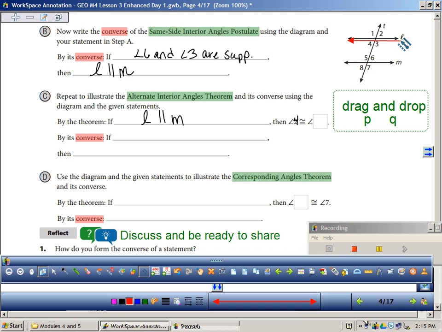So here are the parallel lines, that's what we're concerned with, right? So the interior of the parallel lines would be 4 and 6. Then 4 is congruent with 6. Let's write the converse.